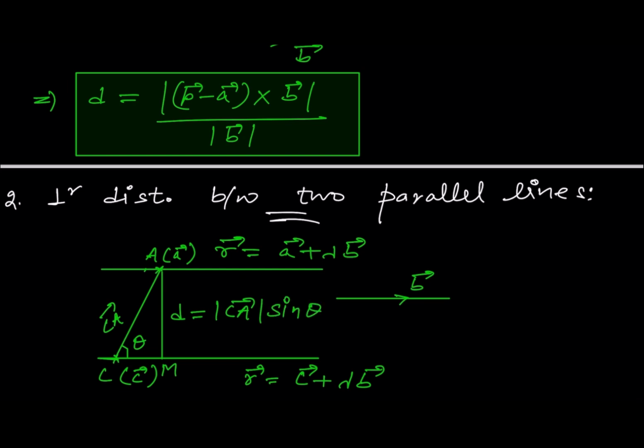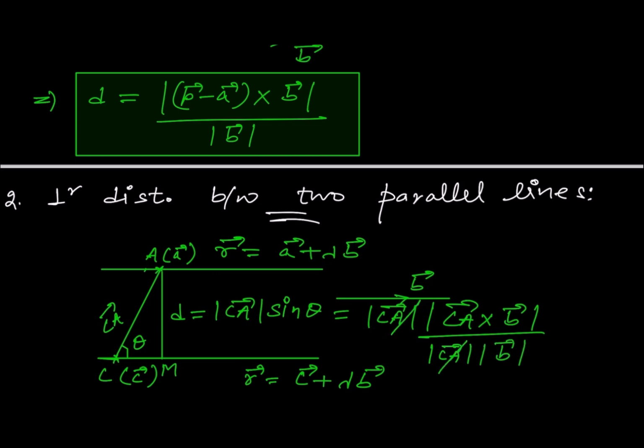On the same line we can write this D as mod of CA vector times mod of CA vector cross B vector upon modulus of CA vector into B vector, right?